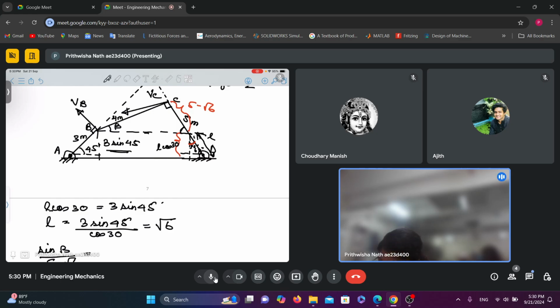Can anyone tell me what is this angle? No, not 90. 90 is the angle which BC makes with this line CD. This BCD is not 90. Is that clear?